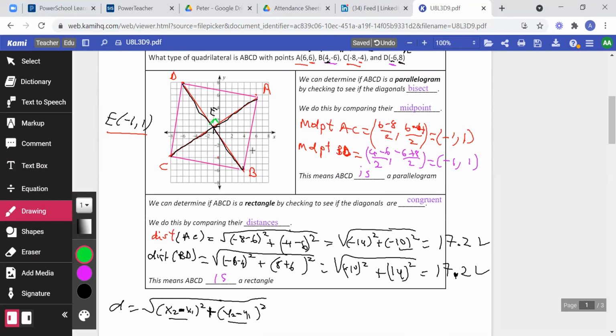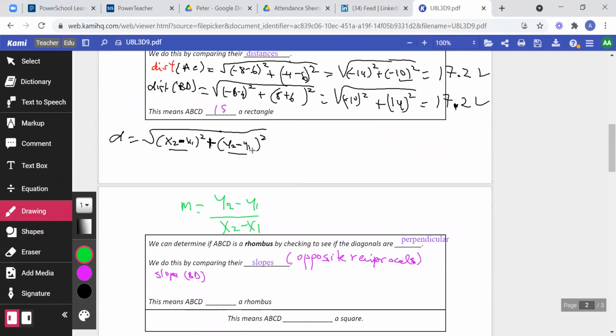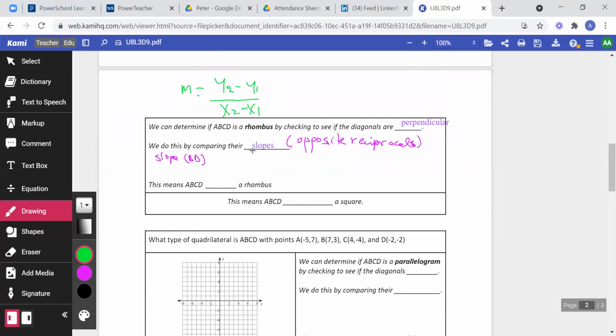Negative. When a line has a negative slope, it means that line will be decreasing, going downward. A line with positive slope will always go upward from left to right. So BD, as you can see, is going downward, so it's going to have a negative slope. But anyway, let's do the calculation to ascertain our claim.